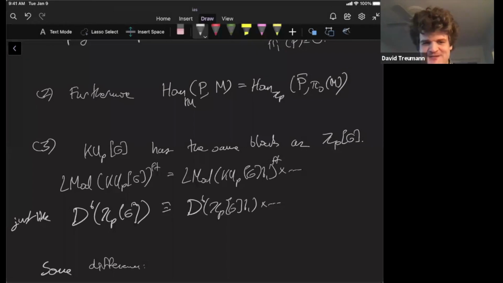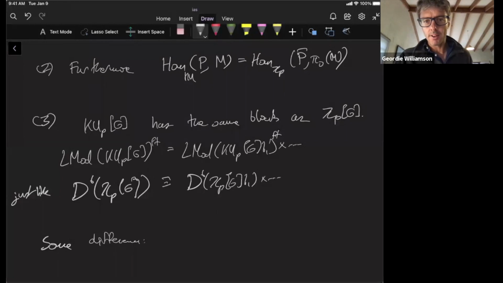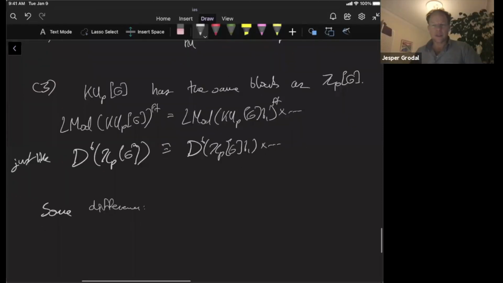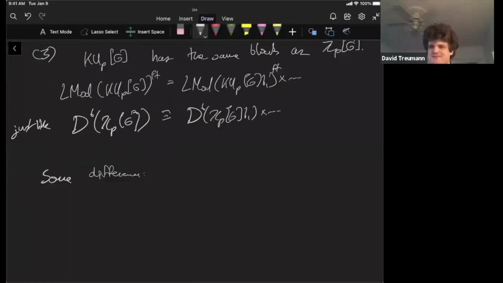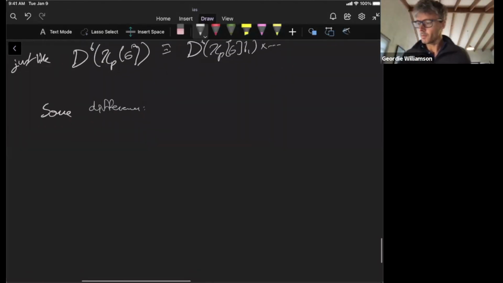I can't answer your question. I'm sorry. Isn't the endomorphism ring of the group algebra the same on both sides? Yes, the endomorphisms of the free module are the same on both sides at the level of homotopy classes. Right, and then you lift those idempotents. Okay. And then some differences.